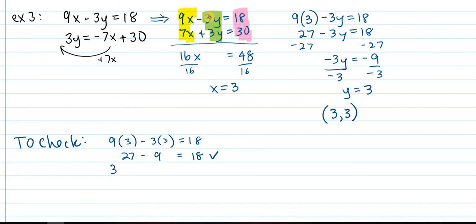And then I can put in the second equation, 3 times 3 equals -7 times 3 plus 30, and I get 9 equals -21 plus 30, which would equal 9, so those both work, and that way I know my solution is correct. That's how you solve for a system of equations using elimination.